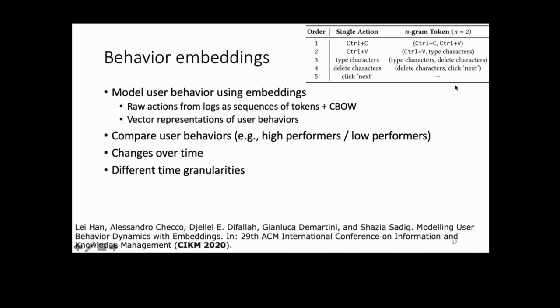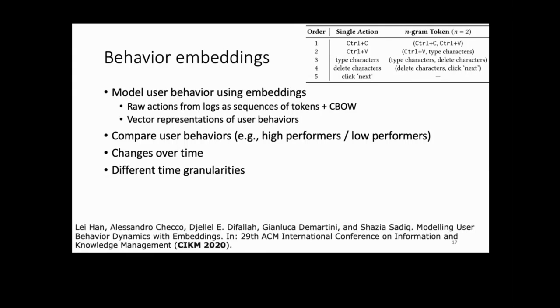Thanks to this word embedding idea, we are able to generate representations of user behavior data as vectors in a vector space. So now we have a vector space representation of users and their behaviors. And this allows us to, for example, compare different users and their behaviors.